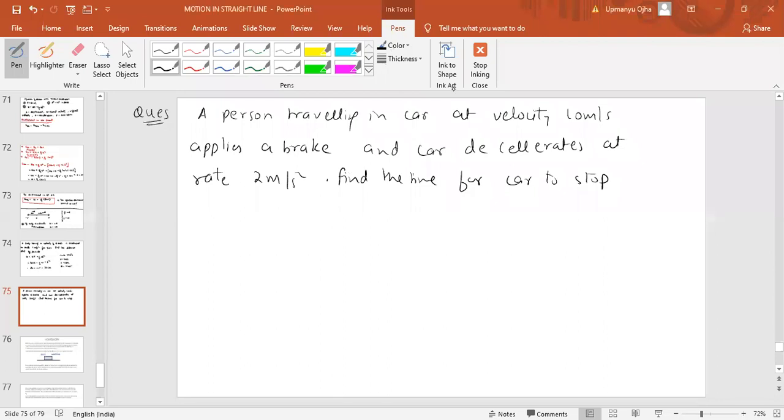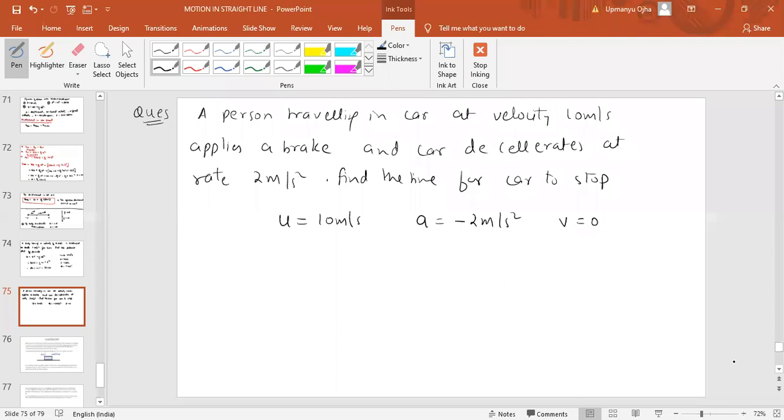Now let us analyze this problem again. The person is traveling in a car with a velocity of 10 meter per second, which means they have given us the initial velocity, that is 10 meter per second. It applies a brake and the car decelerates at the rate of 2 meter per second square. Decelerate means acceleration must be minus 2 meter per second square. I hope you understand why I am writing minus. Now the car stops, so when the car stops, the final velocity will be 0.